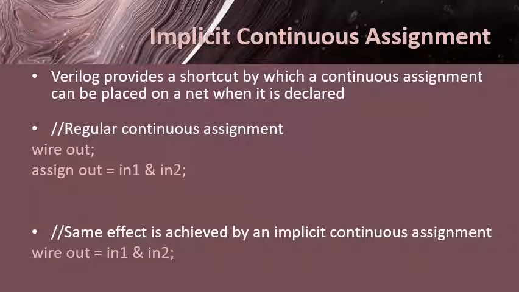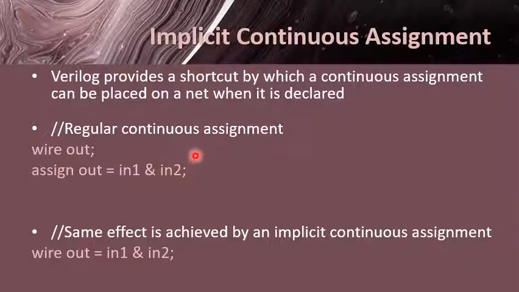So we have an alternative here. Verilog provides a shortcut by which a continuous assignment can be placed on a net when it is declared itself. With the regular continuous assignment, you have, say, wire out, this is the declaration, and assign out equal to in1 and in2. So it takes two statements to declare a signal and write the assignment statement.